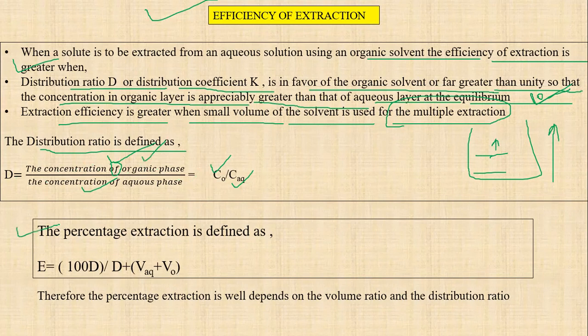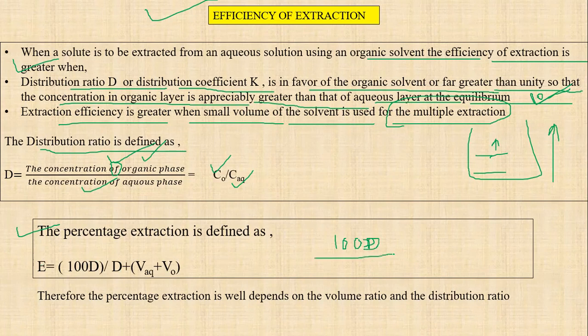So percentage extraction is given by E is equal to 100 into D. What is D? Now you know the D, we have studied what is D. D is the distribution ratio.